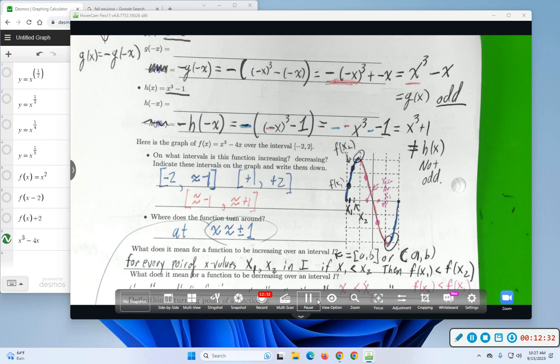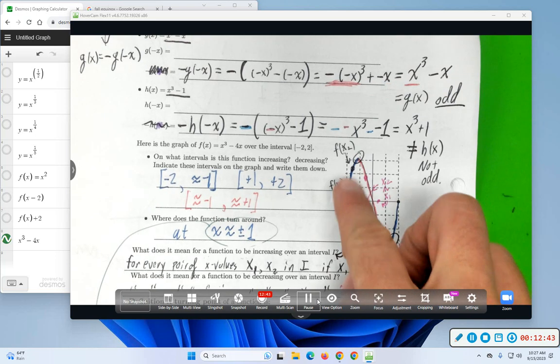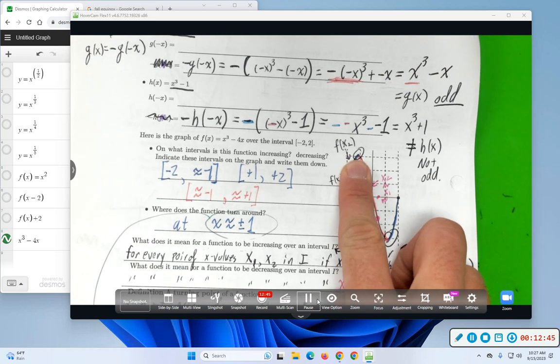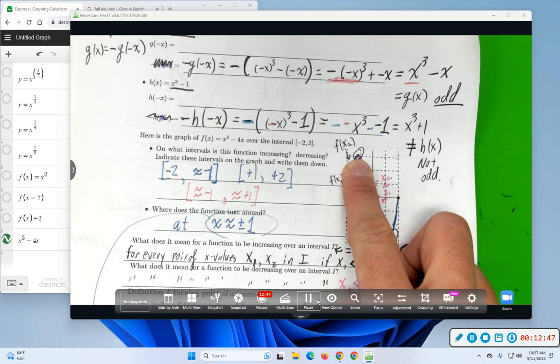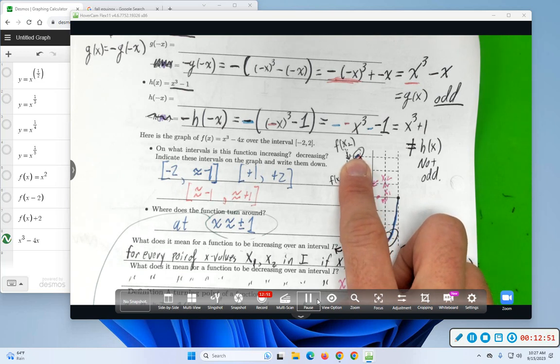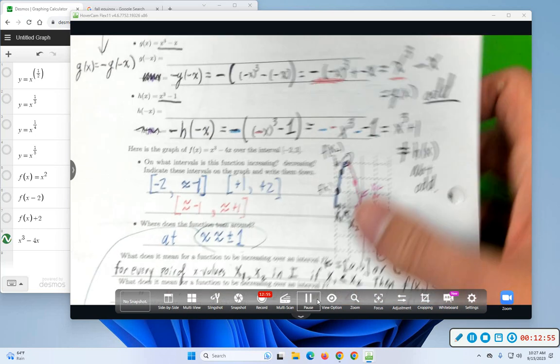That's the input that produces the maximum. I'm asking for the input or the output value. So that's a place that produces a maximum. It's also a local maximum. But it's also another thing. It's a turning point.